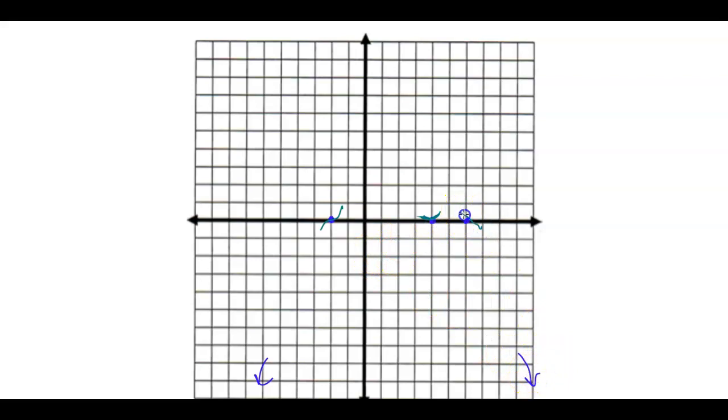So it's essentially going to look like this, okay? Now, when I connect everything together, my graph in general is going to look something like this, okay? And so that gives me a rough sketch of what this particular function looks like.